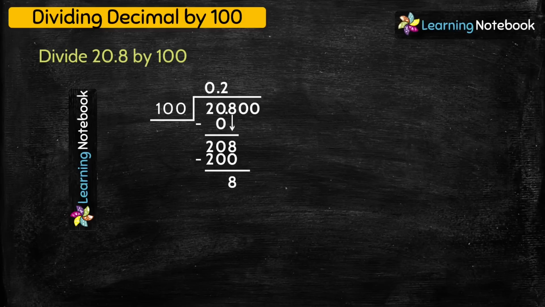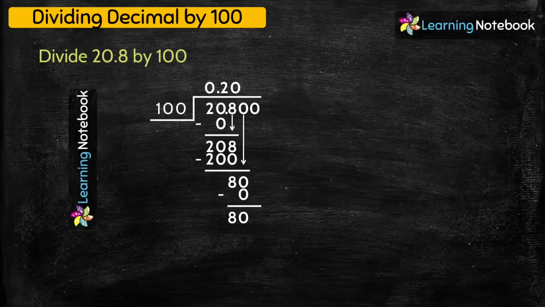So copy next digit 0 and now we have to divide 80 by 100. But 80 is smaller than 100. So we will do 100 into 0 equals 0, and 80 minus 0 equals 80.